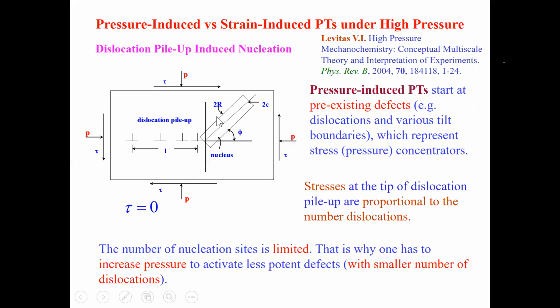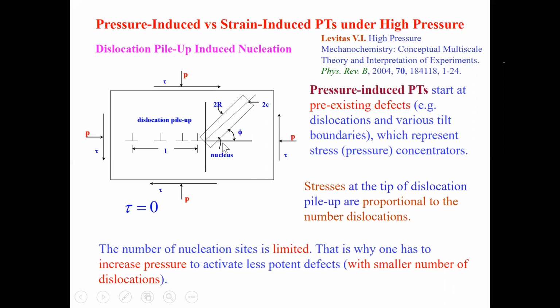Why? Because defects produce stress concentrators. For example, if you consider a dislocation pileup, at the tip of the dislocation pileup, all components of stress tensor are proportional to the number of dislocations. So we may have quite high stresses here.